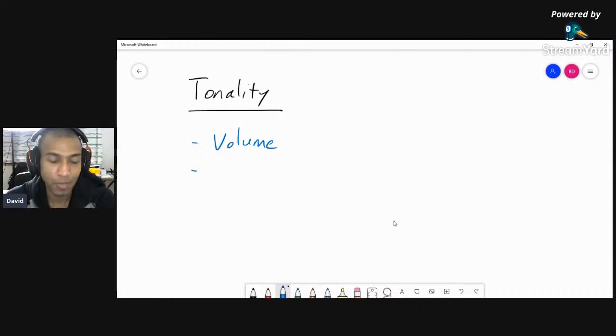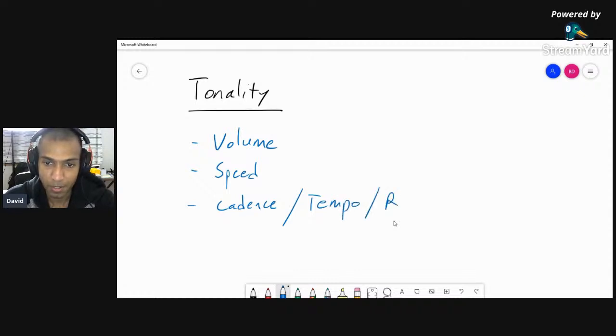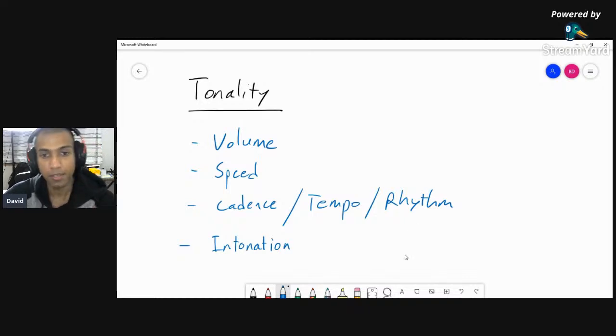So the first one's volume. The next one is speed. The third one is cadence, or it could also be called tempo, or another word can be rhythm. And then lastly, we've got intonation, like so. All right, so let's go through these, and I'll give you some examples to demonstrate what they mean.